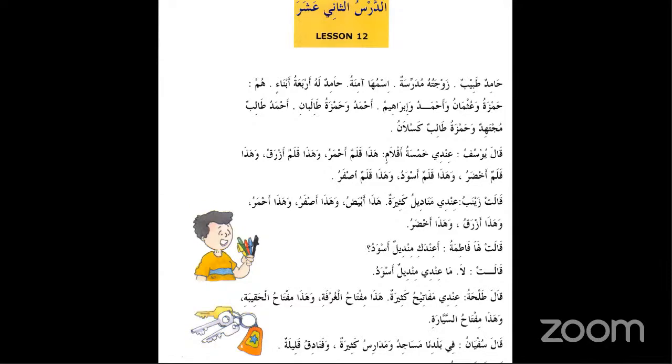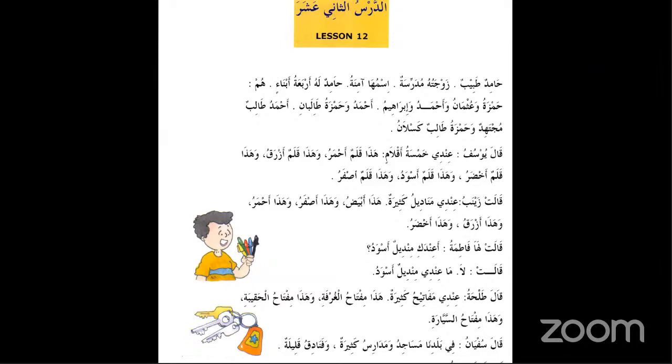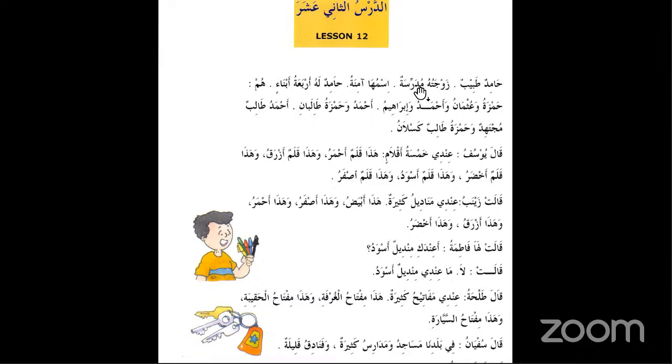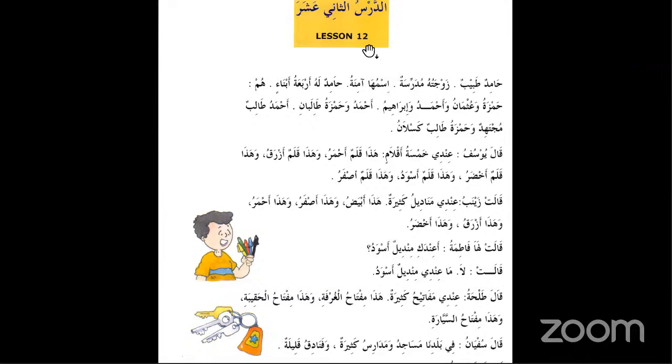Where is the subject and where is the khabar? زوجته is the subject and mudarrisatun is the predicate, the khabar. His wife is a teacher. Whenever this comes in a sentence, you will know that after it is the predicate, the khabar. Right. Next person, Sister Deoji.